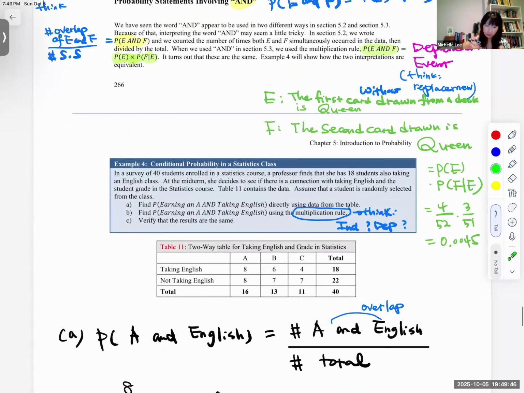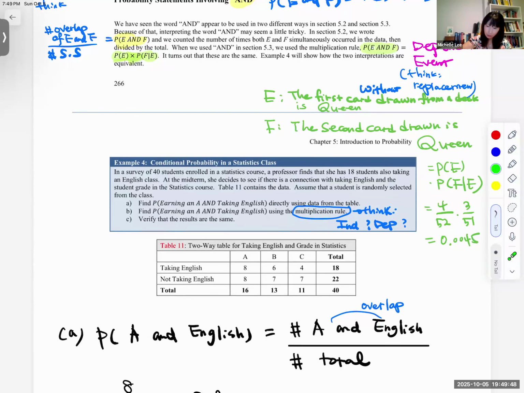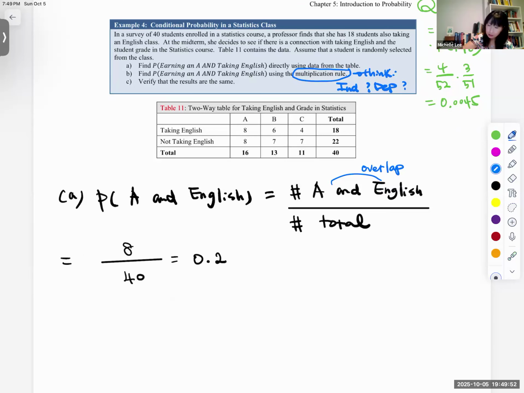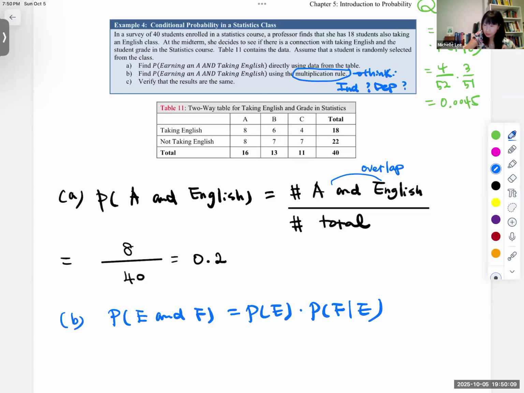So let me write down the formula because it's a little bit tough one. So we have the probability of E and F. So the probability of event E times the probability of event F given that E, right?